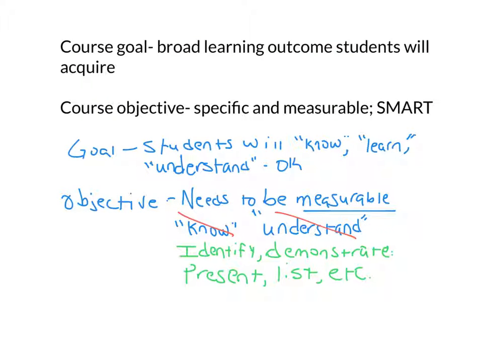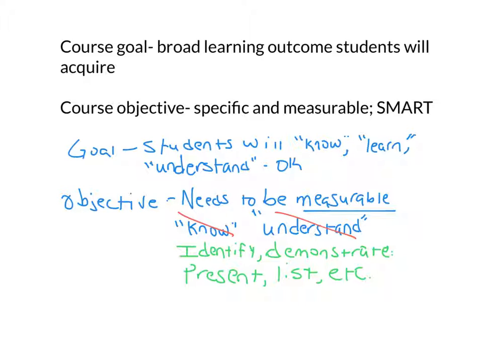So if we look at the general definitions we use, we said a course goal is a broad learning outcome that students will acquire. What we're really hoping is that as a result of going through our class, they learn certain topics that we intend them to learn. And the course objectives are those things that are a little bit more measurable.